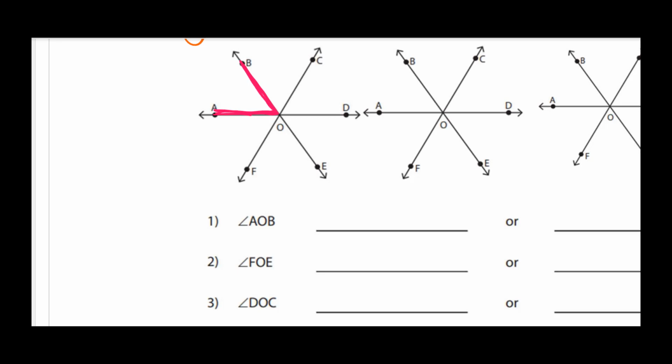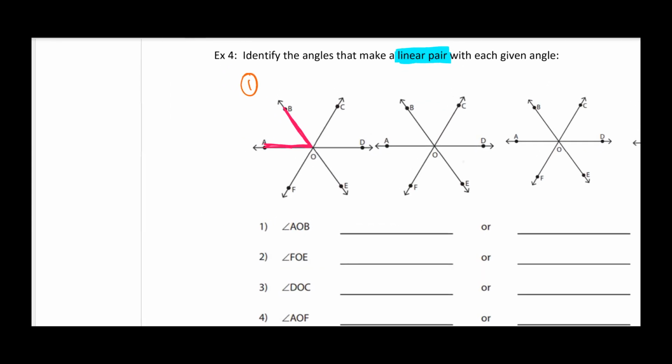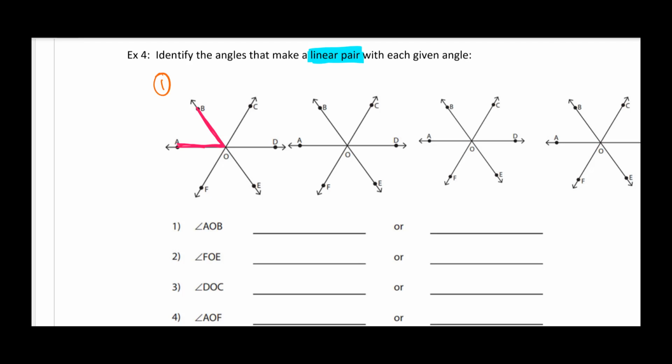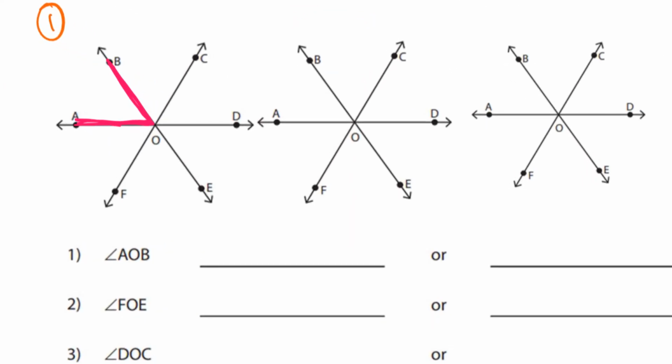Now, to make a linear pair with a given angle, I want to take a look at the other sides. Here's where we've got to be careful, because we have two directions we could go. One is right here, and that could make 180 degrees.